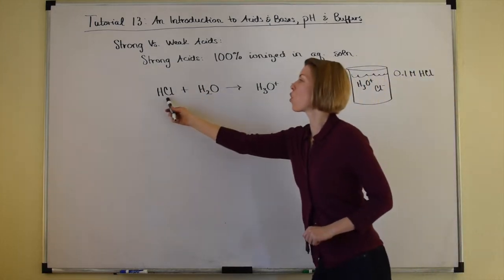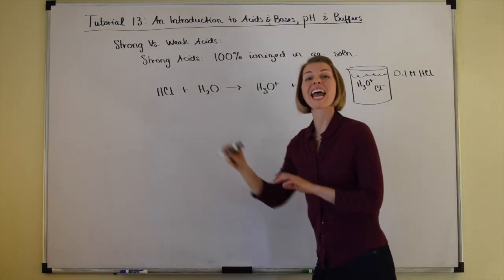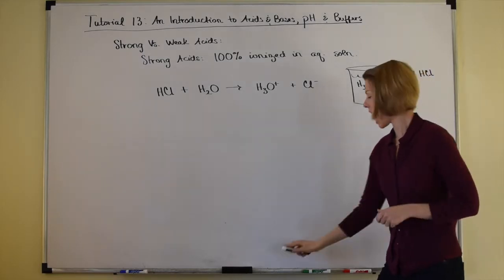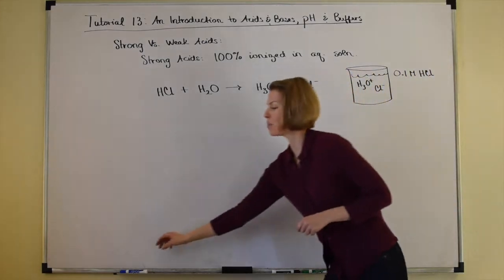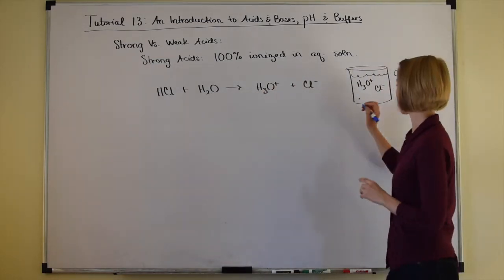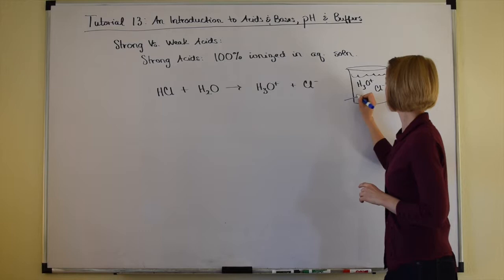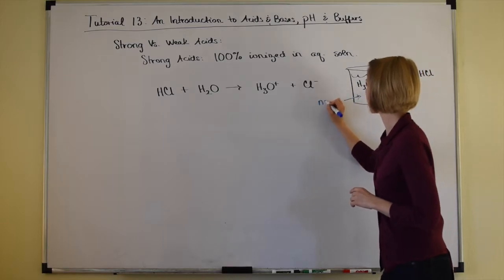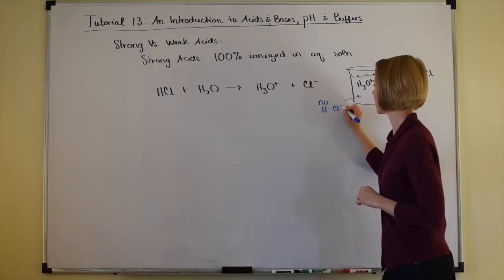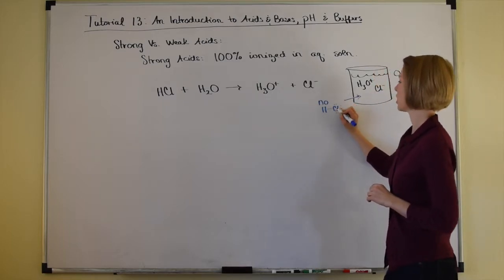There will be no covalently bound HCl because HCl is a strong acid and will 100% be ionized in an aqueous solution. So I'm going to write here, no HCl, no covalently bound HCl.